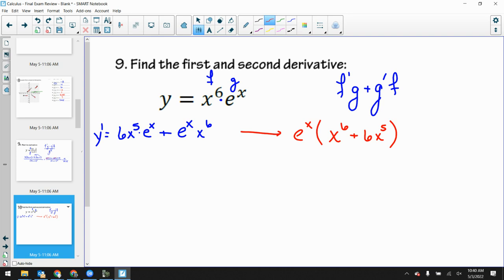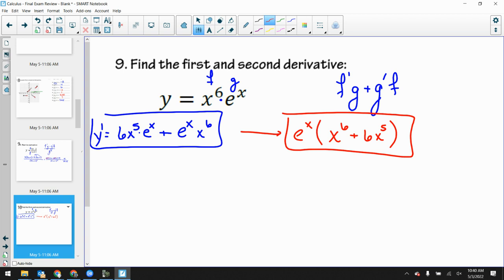They both had an e to the x, so I factored it out. And then I just reordered x to the 6th, and then plus 6x to the 5th. Okay, now let me show you what y double prime would look like. This is the final answer for the first derivative. But let's find now the second derivative.